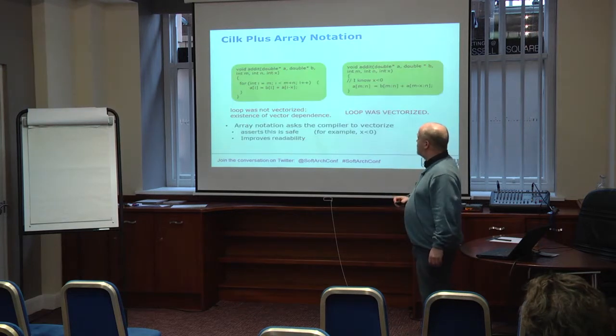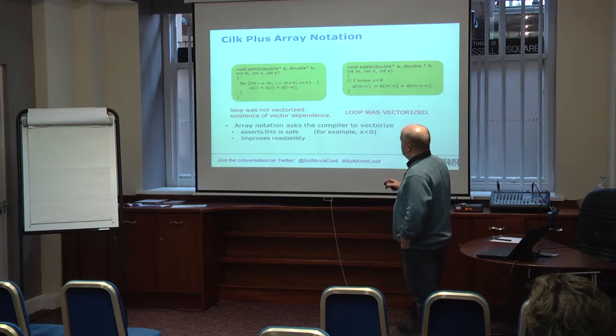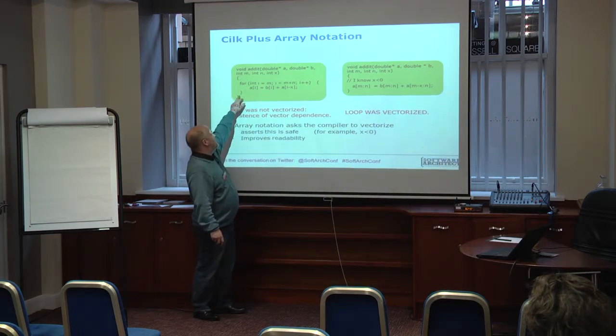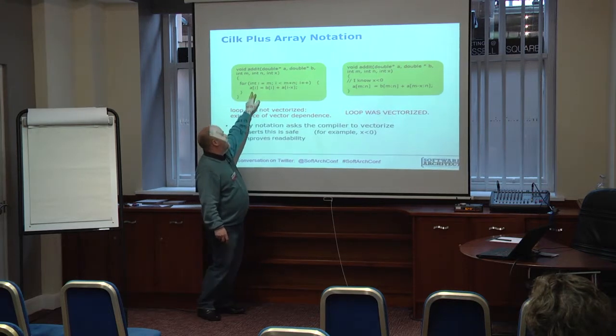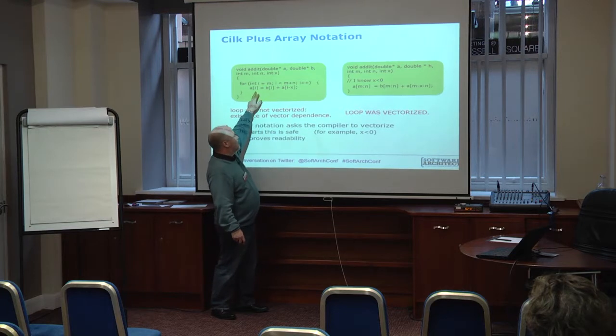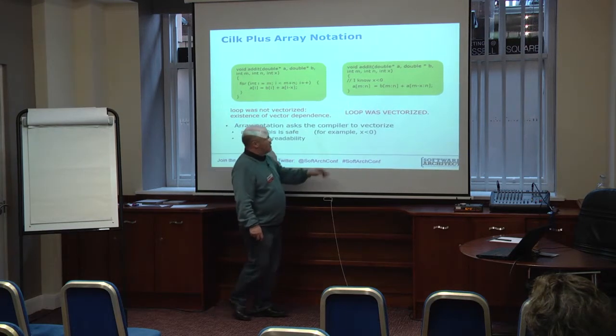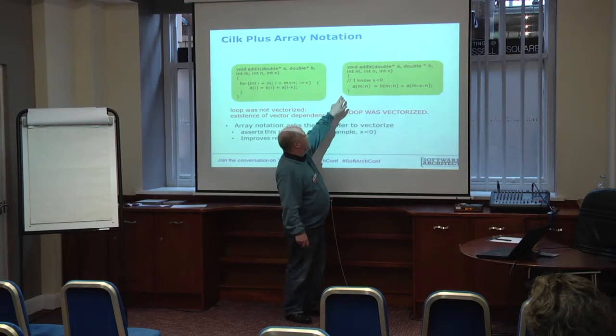So let's give you an example. Let's take a loop here. Here we have a loop that, well, you'll recognize it, just going around, and we're doing something with each element of the array as the loop index is increased. On this side, there's no loop.